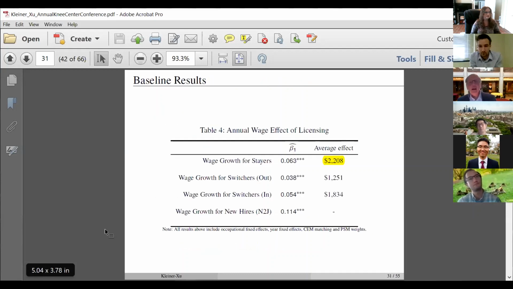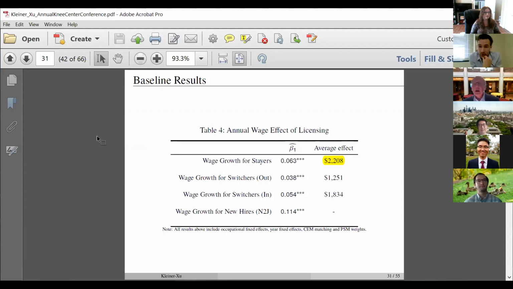What we find is generally consistent results, but the wage growth for people who stay in a licensed occupation, over the course of a year, is about $2,200. For switchers, those people who are in a licensed occupation but go to a non-licensed occupation, the thought experiment is maybe you're an accountant and you become a coder at Microsoft or Google.